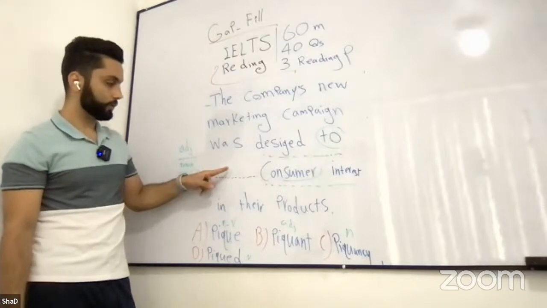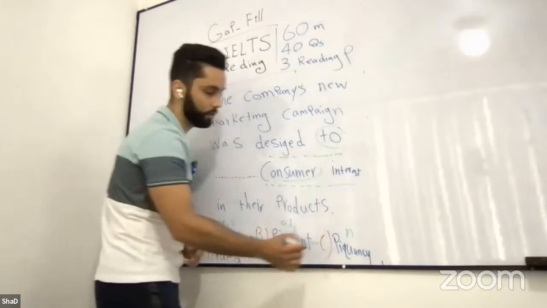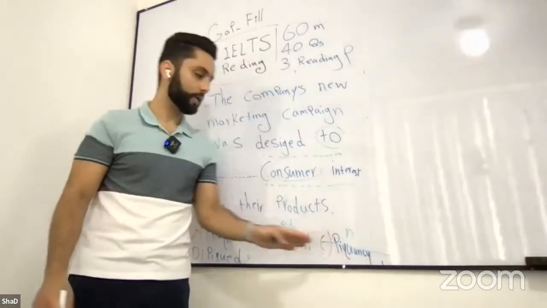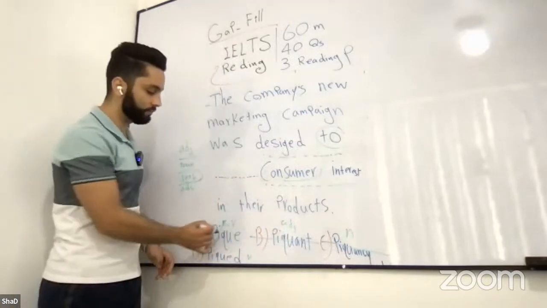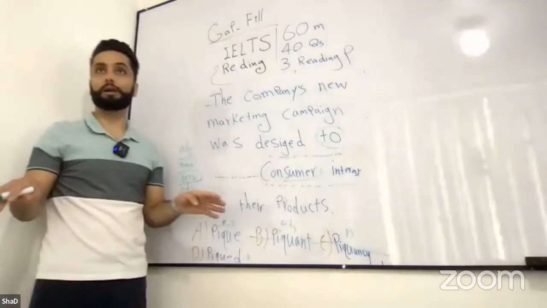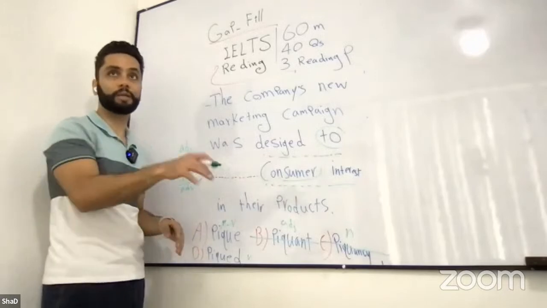So immediately we can cross out two of the options in this case. We don't need an adjective, we don't need a noun here. So the noun form of peak and these other options are out of the list. Okay, so eliminate.